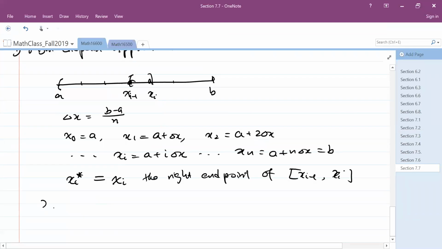Then the integral of this function is going to be approximated by this special Riemann sum. Here's f of xi, and then delta x, because all the delta xi is the same as delta x.